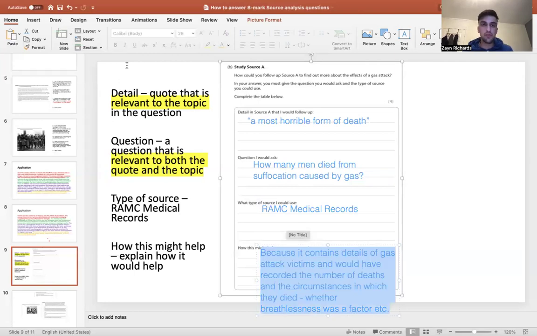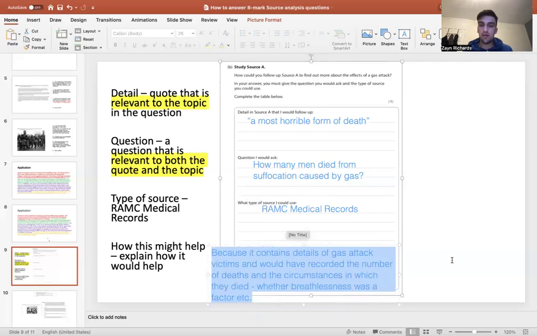But in the exam, don't use etc. like I've done there. That's essentially how you go about answering that. Okay, so just a brief explanation at the bottom.